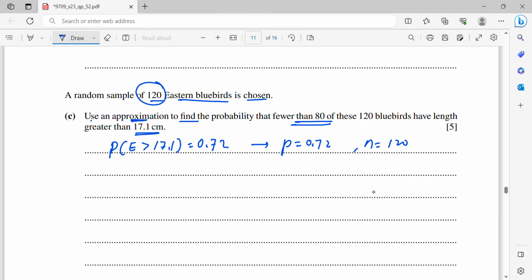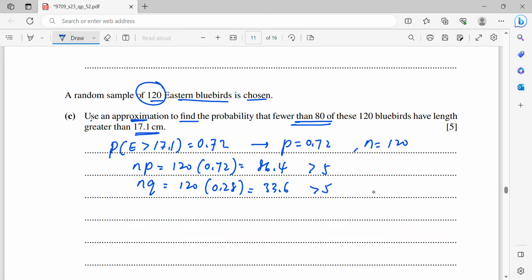Therefore, my np will be 120 times 0.72, and then I will get 86.4. Now my nq will be 120 times 0.28, which is 33.6. Now, both are greater than 5. So when both are greater than 5, it means that it will be normally distributed. So at first, binomial with n = 120, p = 0.72.